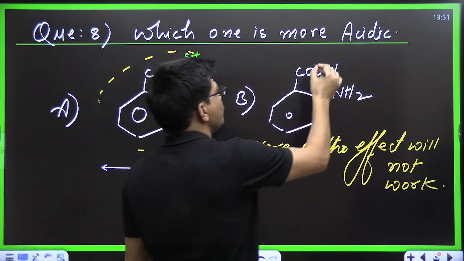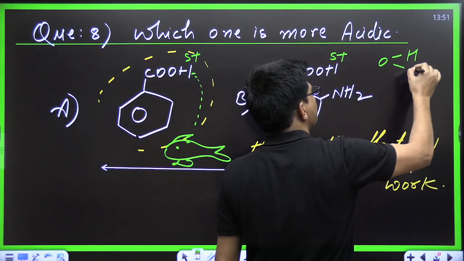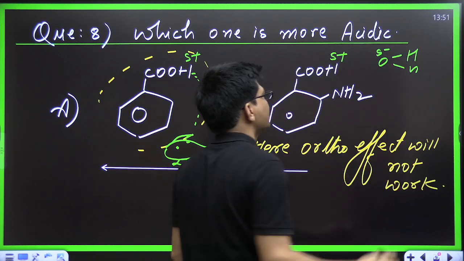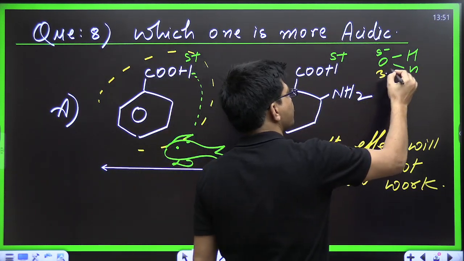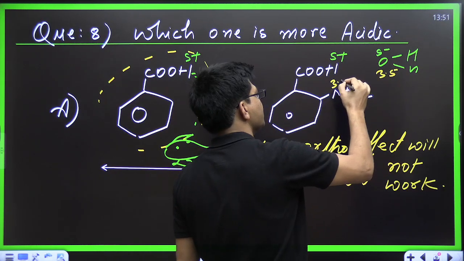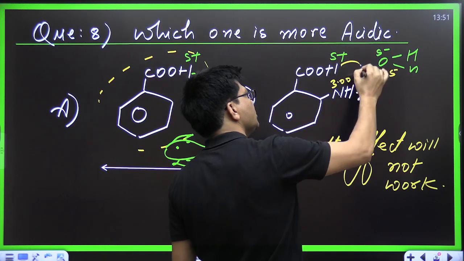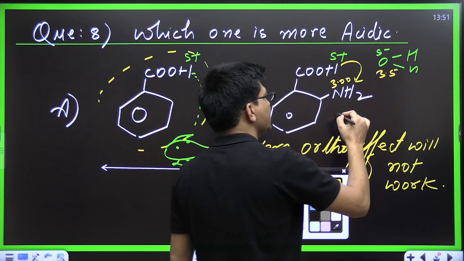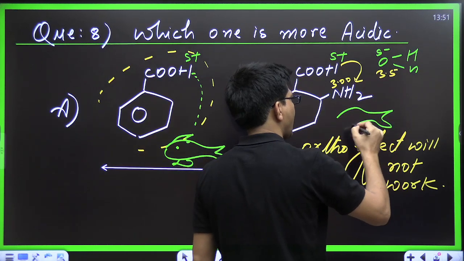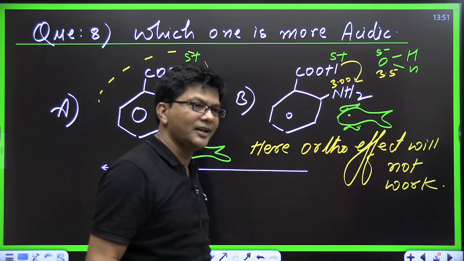Now this is going to donate its proton, and water is going to accept this proton. But kids, you know that oxygen of water has 3.5 electronegativity, and this has just 3. So this proton will not go to this oxygen. It will come over here only. And the fish which is moving will say, oh, I haven't received any proton, so I'm not feeling acidic.